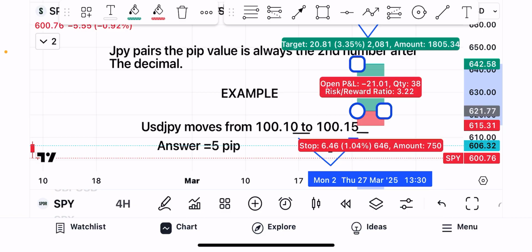This target is going to be your pip value, 20 pips. Where they write stop, if you look down the right side, they already calculate them for you. So you don't need to calculate them again. Understand?